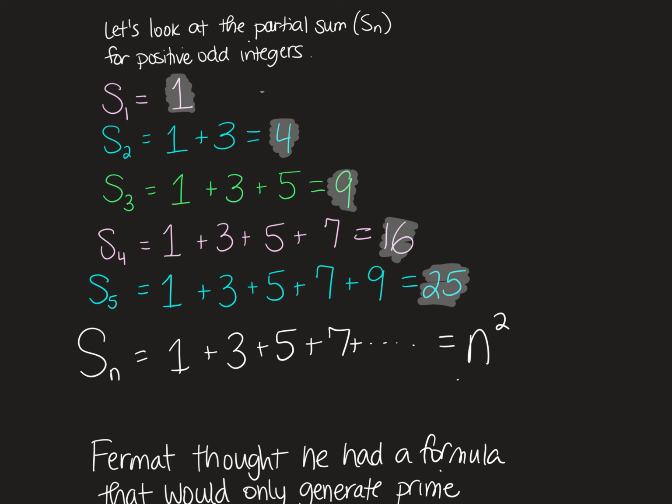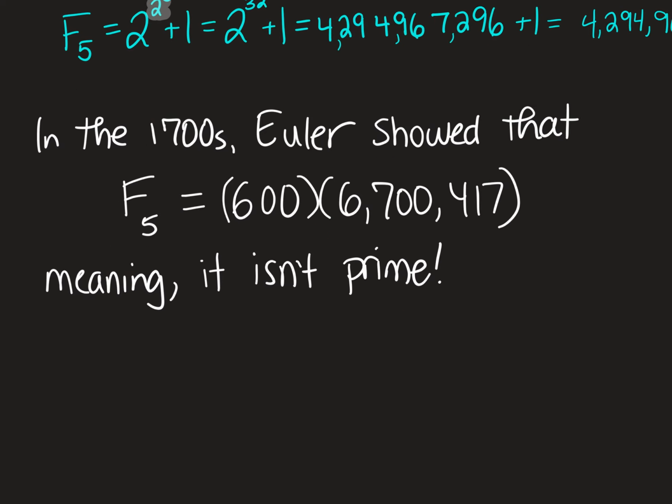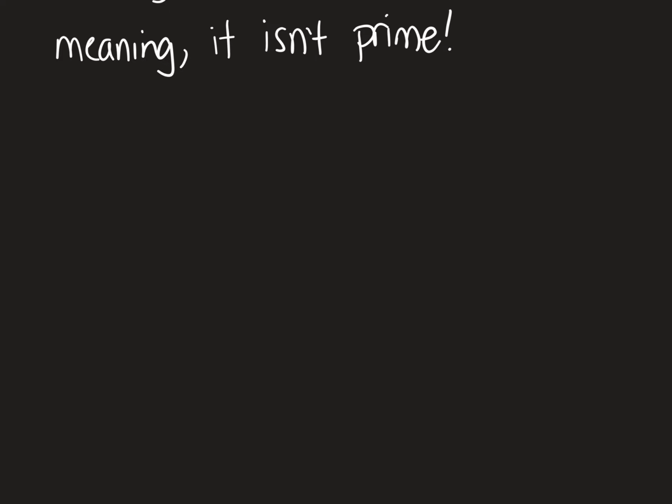We are making a conjecture by saying this is always going to be n squared. But we've got to show that that's actually true. Look at the lesson we learned from Fermat. Even with 5 terms, which is not very many, he got stuck. So we've got to come up with a better way. And that better way is mathematical induction.